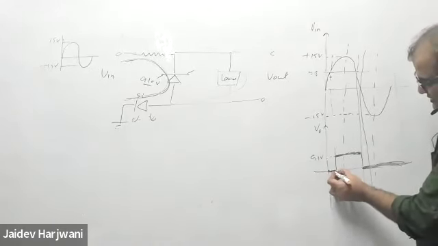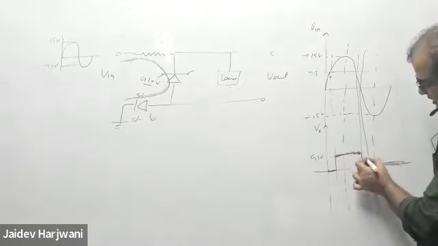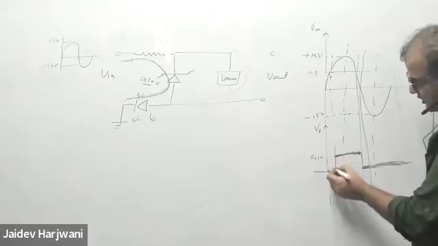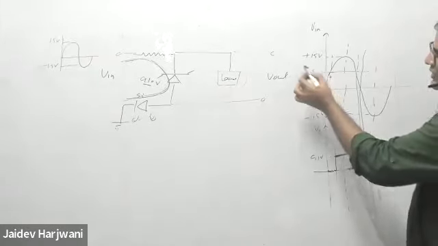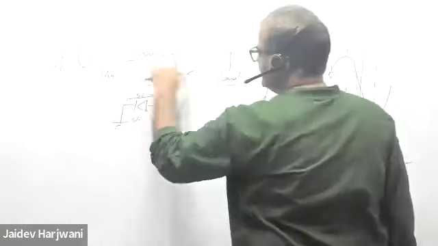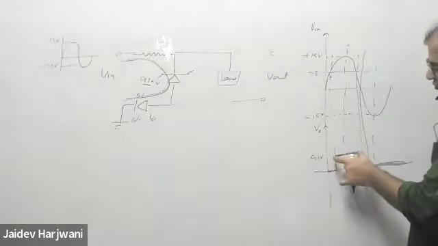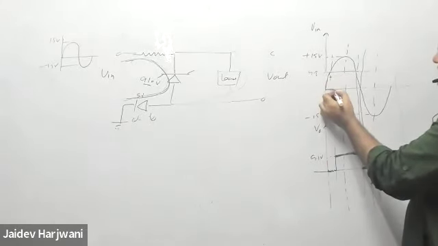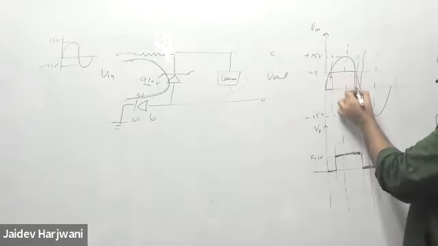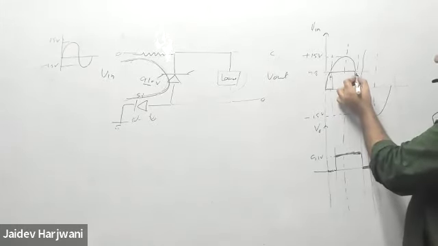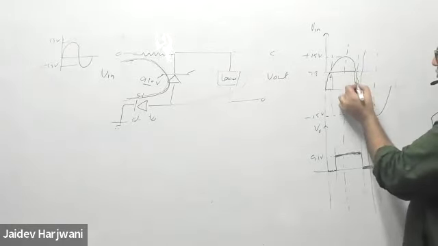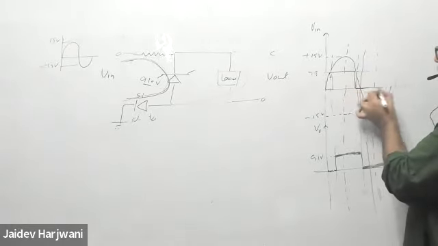Actually it should be drawn slightly differently, but the options ask only qualitatively. So when the input is greater than 9.8 volt, the output becomes fixed at 9.1 volt, and if less than that, the path is open, and for the negative cycle you get 0.